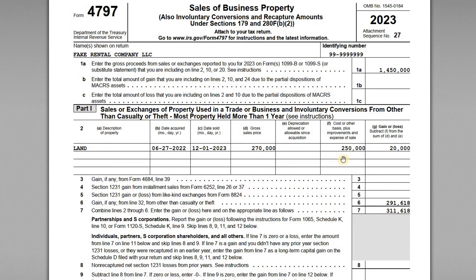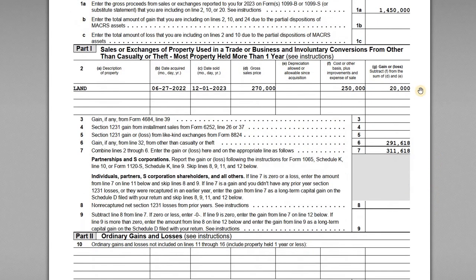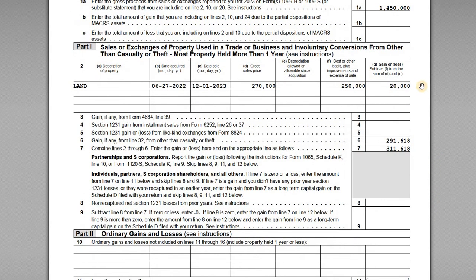So $270,000 minus $250,000 gives a $20,000 gain. That's going to be included here in the line 7 figure. This amount is ultimately going to be our Section 1231 gains, assets used in a trade or business, sold after holding them for a long-term holding period.